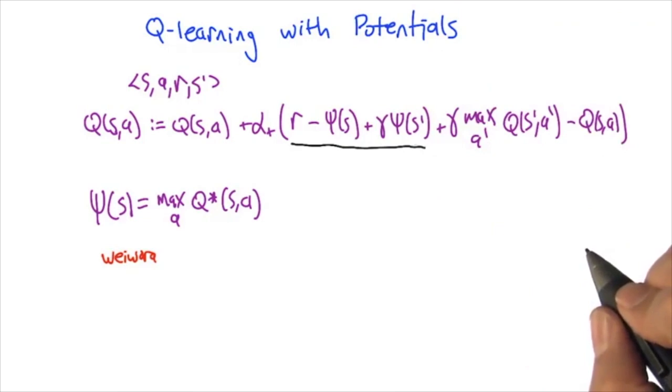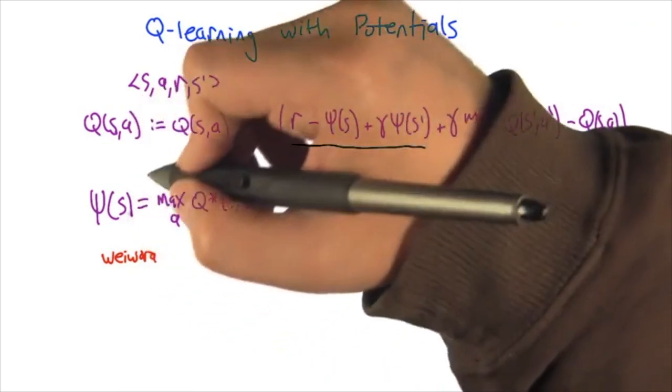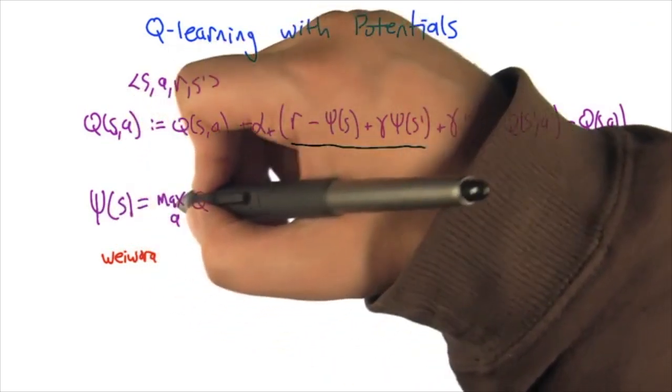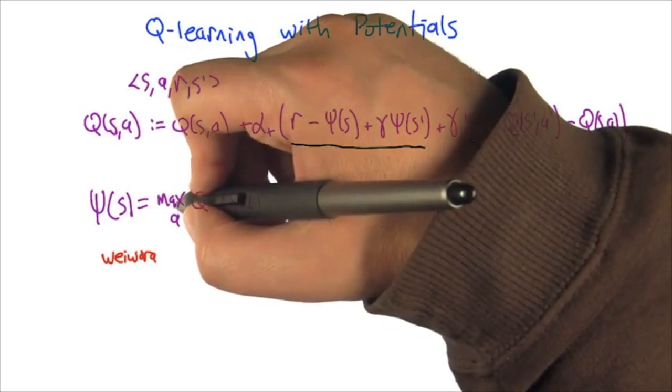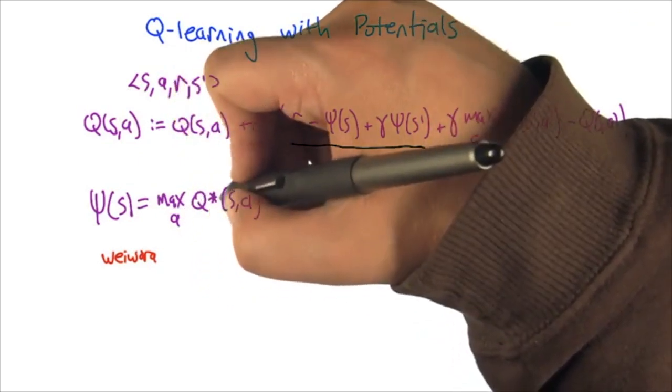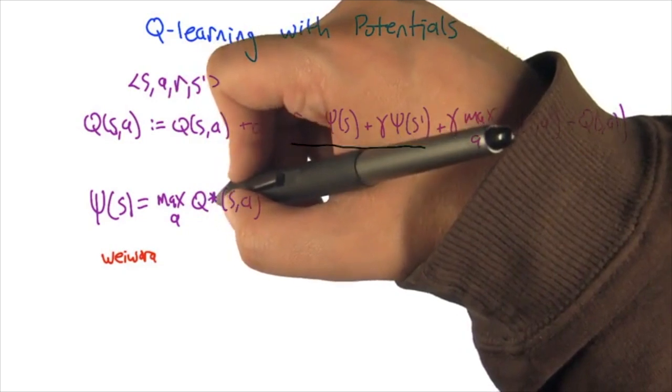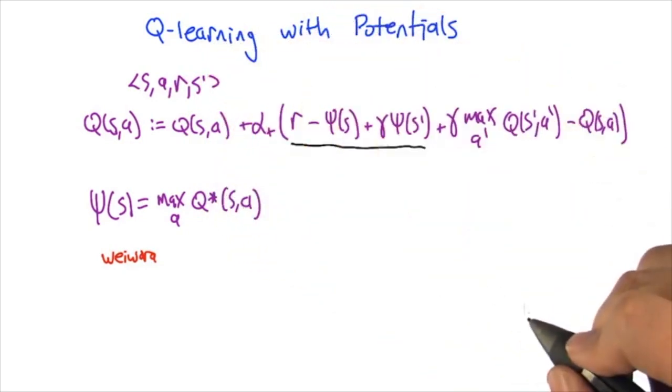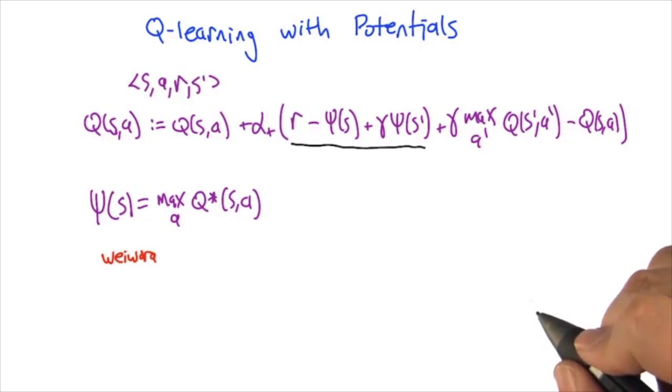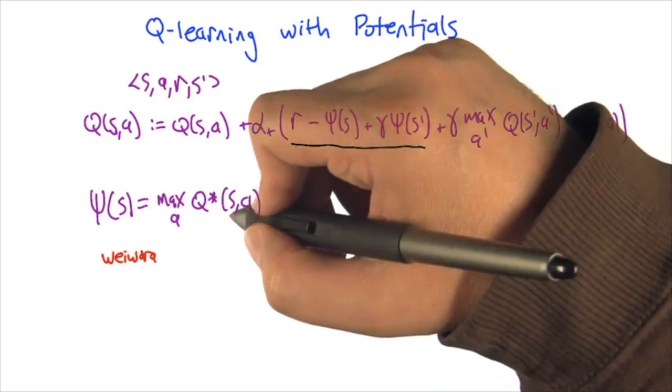So what if we choose like this one? What if we say psi of s is the max over all actions of the optimal Q function, Q star, for that state-action pair? You mean the actual true value of being in the state? Yeah. Well, first off, if we choose psi to be that, then we're already done. Well, so yes and no, right? I mean, we only can do this if we've already solved the problem. So admittedly, this is an unrealistic thing to be able to do.